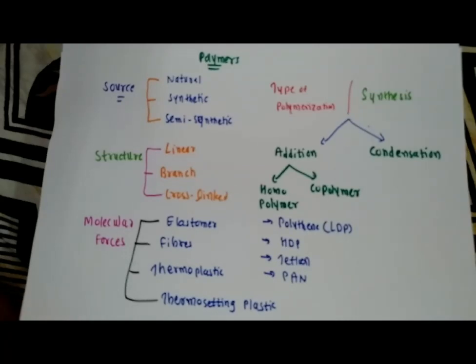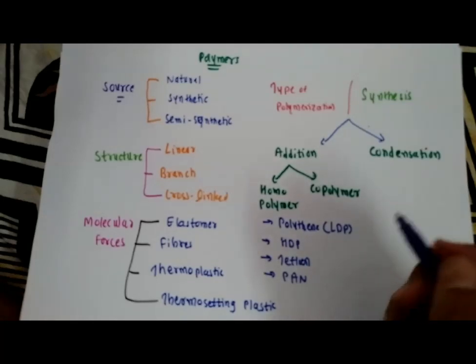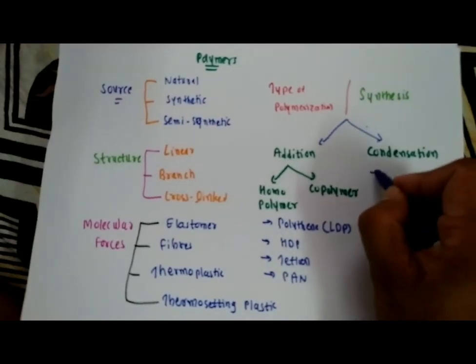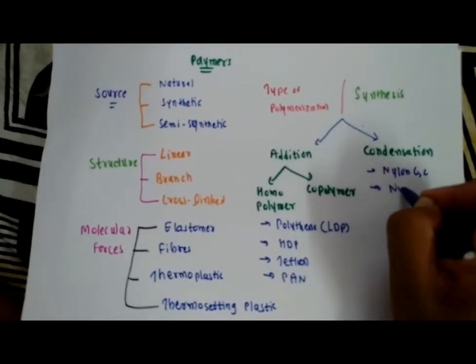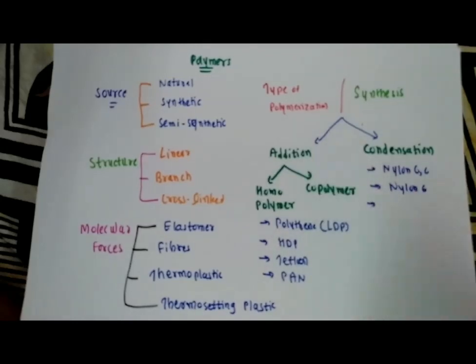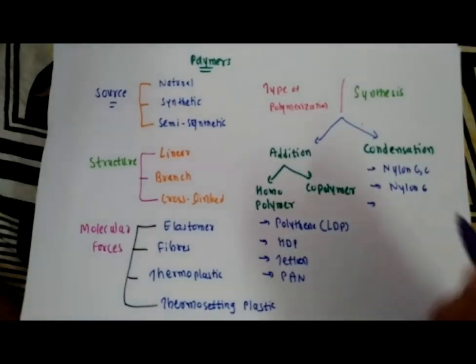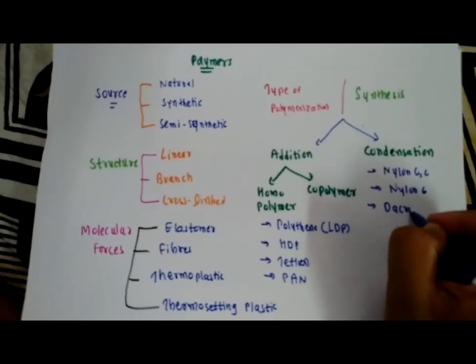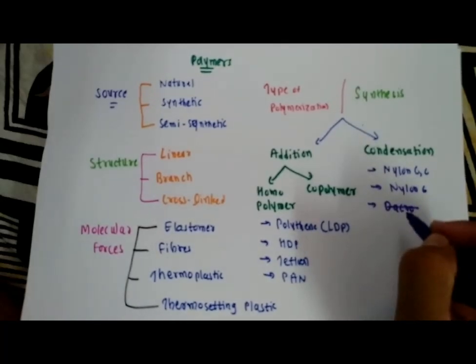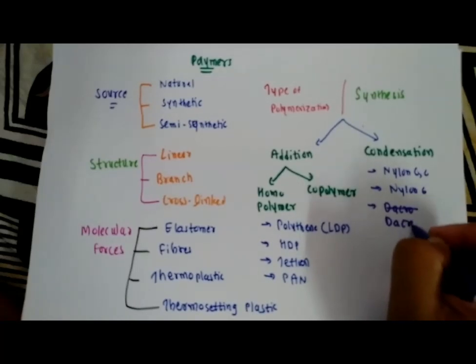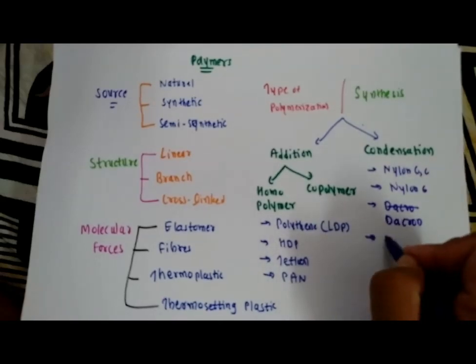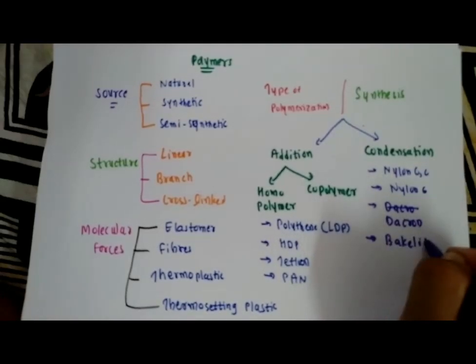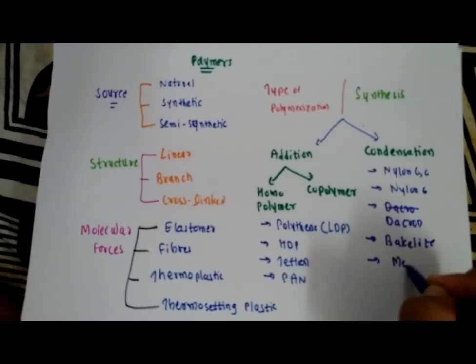Okay, whereas condensation polymers are: first is polyamide category, that is nylon 66, second is nylon 6, third is dacron or terylene, next one is bakelite and melamine.